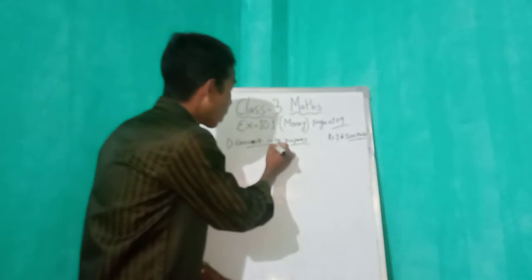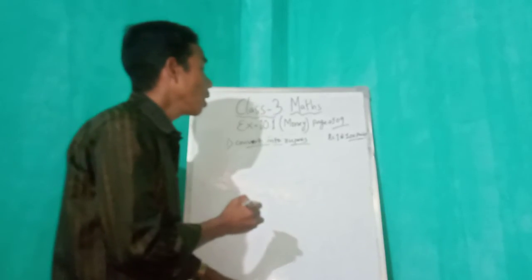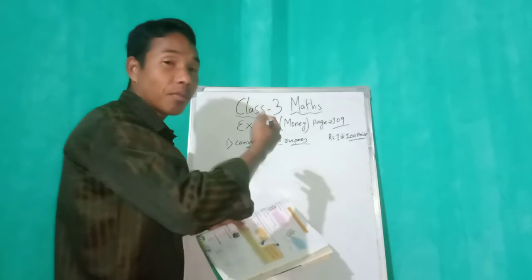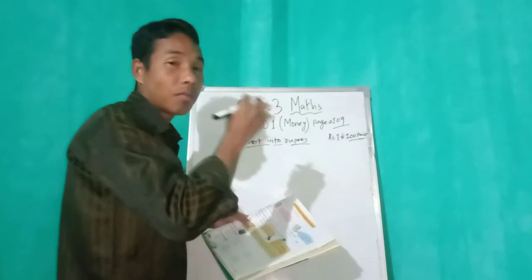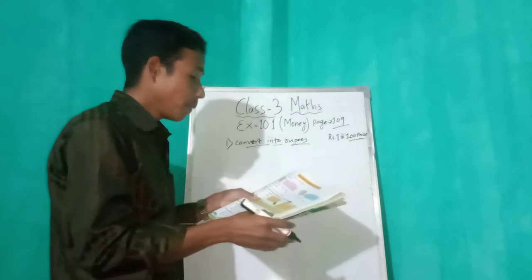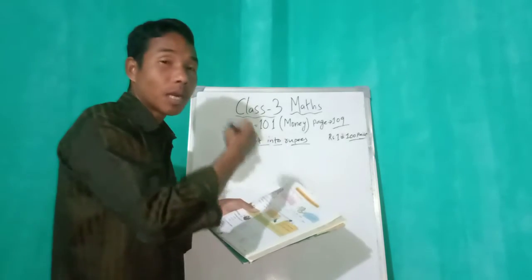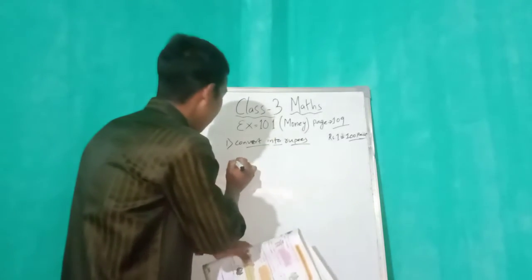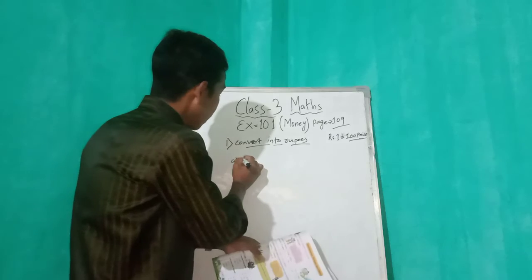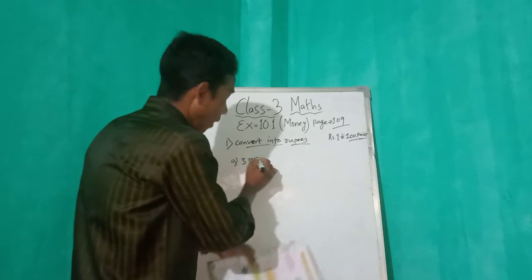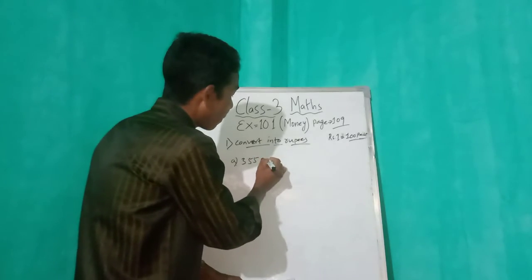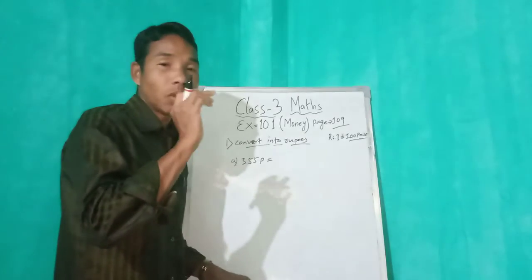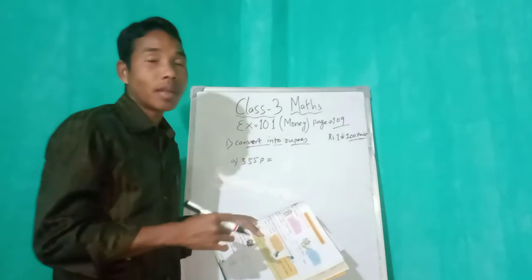In order to convert paise into rupees, we have to count from the right and put a dot there. Suppose number A, we have 355 paise equals, how will we do?